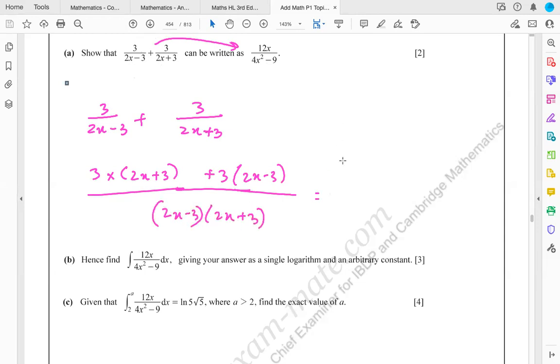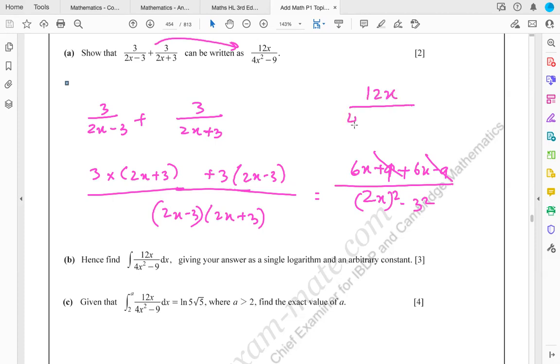So this becomes 6x plus 9 plus 6x minus 9 over (2x) squared minus 3 squared. So minus 9 and plus 9 get cancelled, and we get 12x upon 4x squared minus 9.